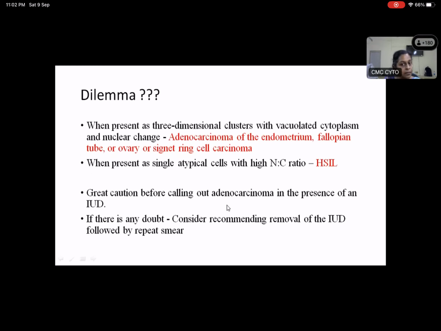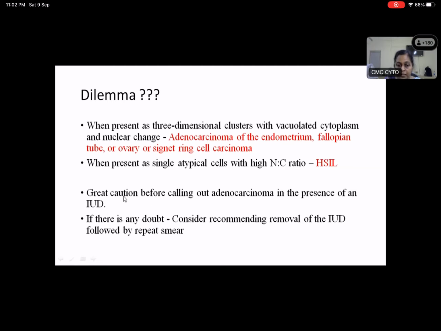So this is actually a very difficult area. So it is important that we get the history of IUCD, because otherwise it can be mistaken for adenocarcinoma of endometrium, fallopian tube or ovary, or a signet ring cell carcinoma. And when there are single atypical cells with high NC ratio, sometimes it gets misinterpreted for HSIL also.